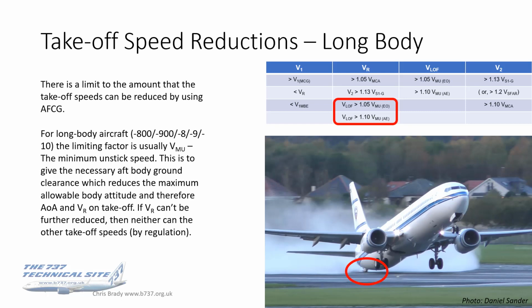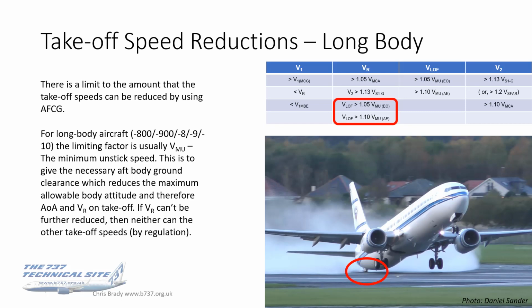Now, if VR can't be further reduced, then neither can the other takeoff speeds by regulation. I've reproduced up there in the top right of this slide the interrelationship between V1, VR, V liftoff, and V2, and you can see that they are basically all affected by each other. The two which are particularly limiting for the long-bodied 737s are V liftoff, which is a factor of VMU, both engine out 1.05 and all engine 1.1.